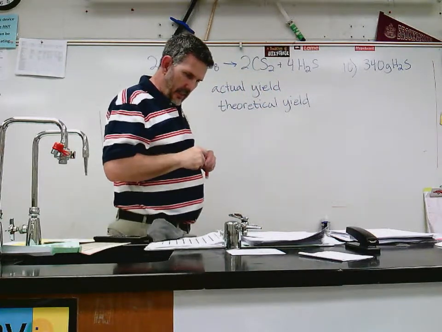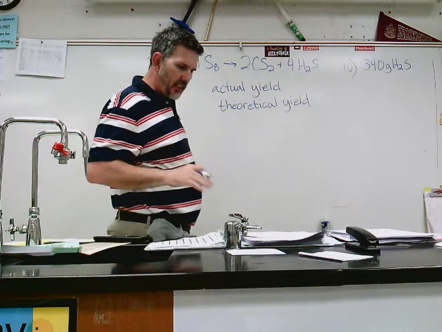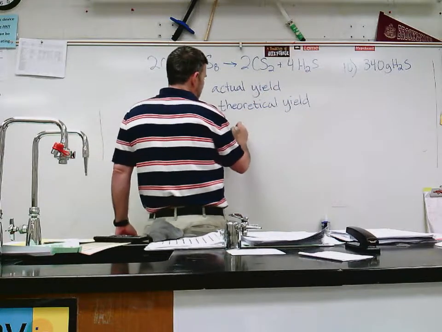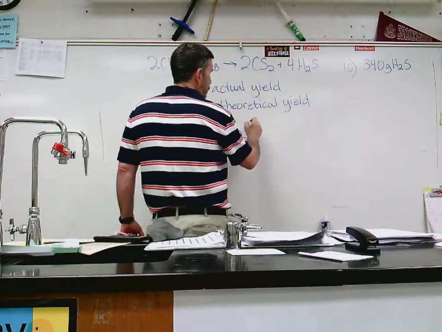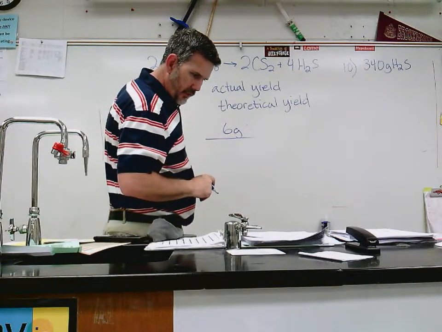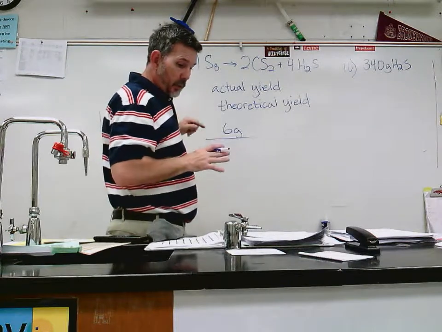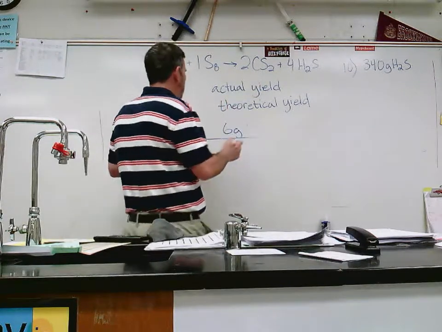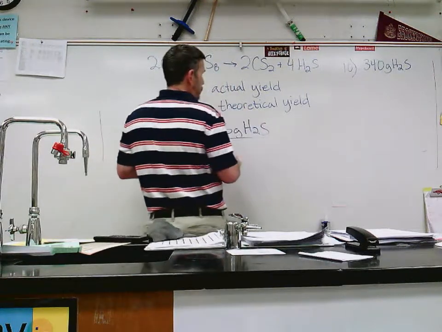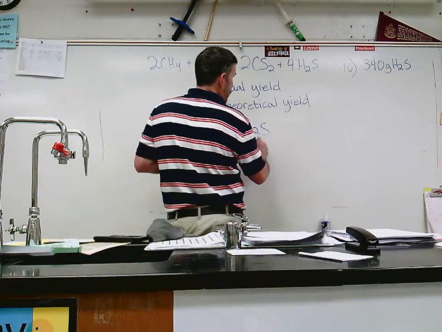Okay, and based on number 10, what is the percent yield of the reaction if 6 grams of CH4 is produced? Okay, so this is where I need that up there. So I actually produced 6 grams of CH4. It wasn't asking how much CH4. CH4 isn't even a product, but we're going to assume that they mean H2S. So I actually made 6 grams of H2S, and I theoretically could have gotten 340 grams of H2S.